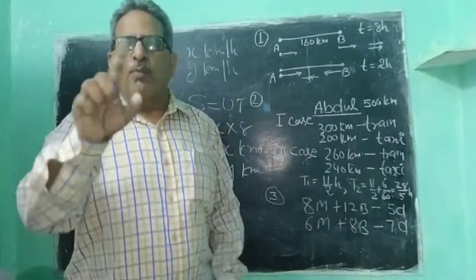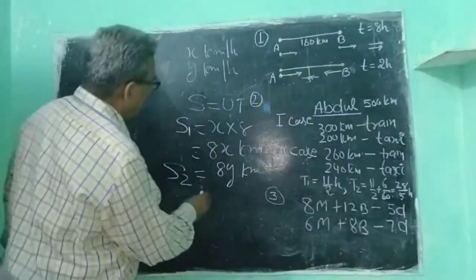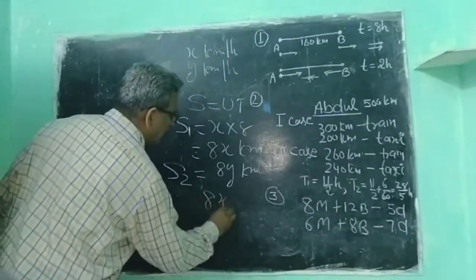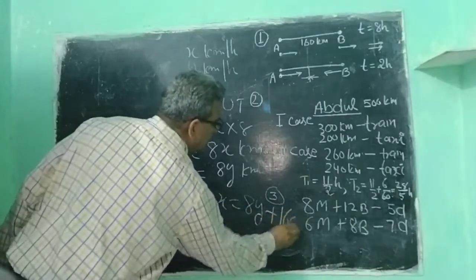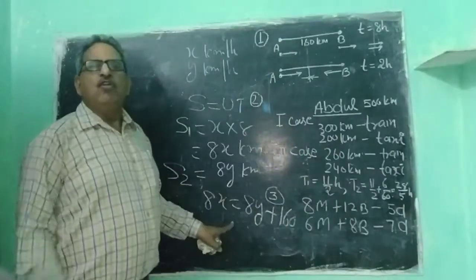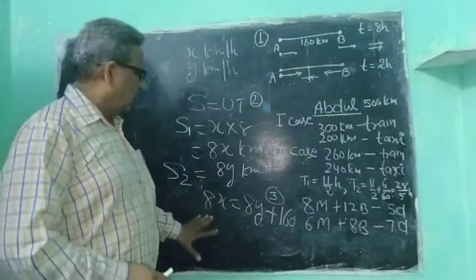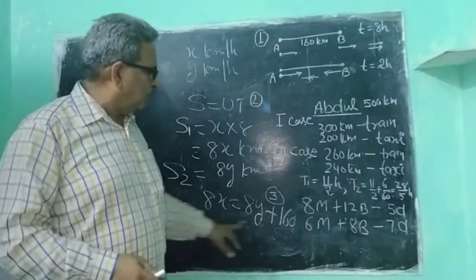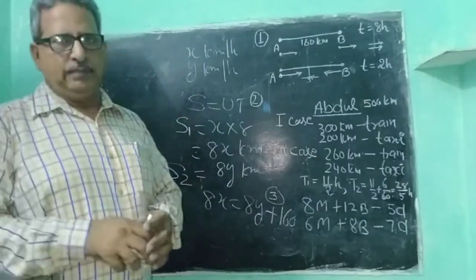Clear? So by this statement what we get? 8x equal to 8y plus 160. Here it is, the first equation. So this distance is 160 kilometer more than 8y.